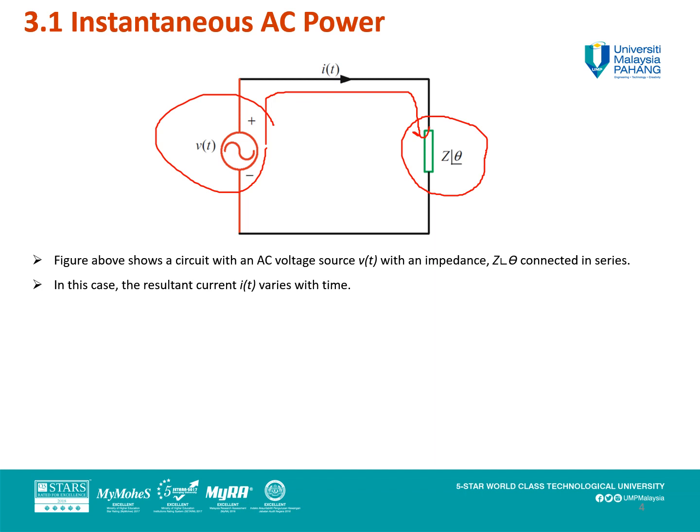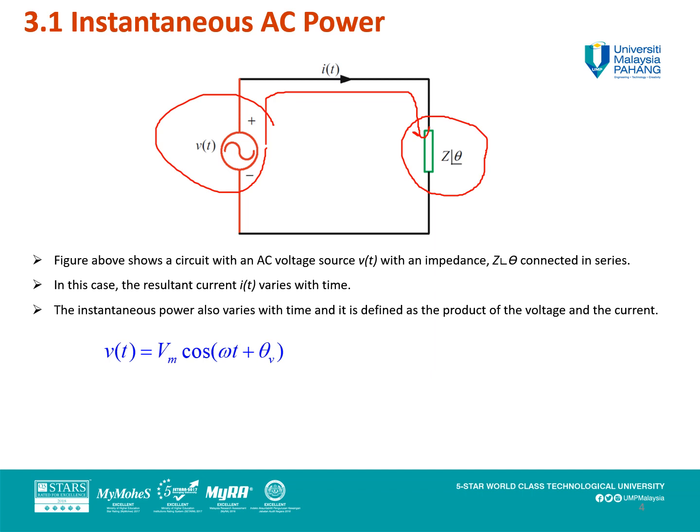Okay, in this case, the resultant current i(t) will vary with time. Remember, we are now in AC analysis. So the instantaneous power will also vary with time and is defined as the product of the voltage and the current. Remember from the first chapter, we already learned about v(t) and i(t).